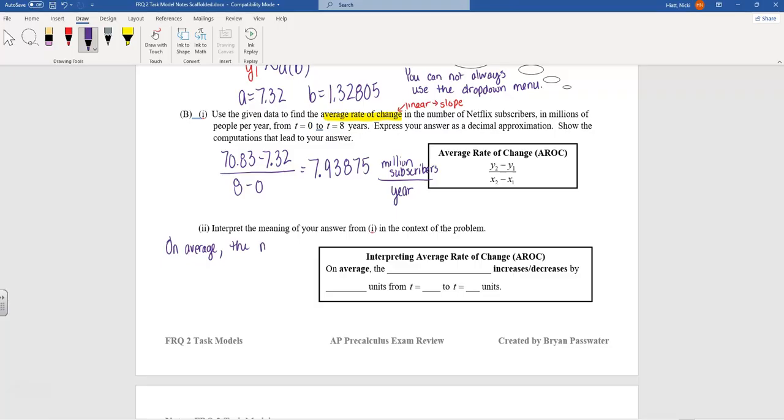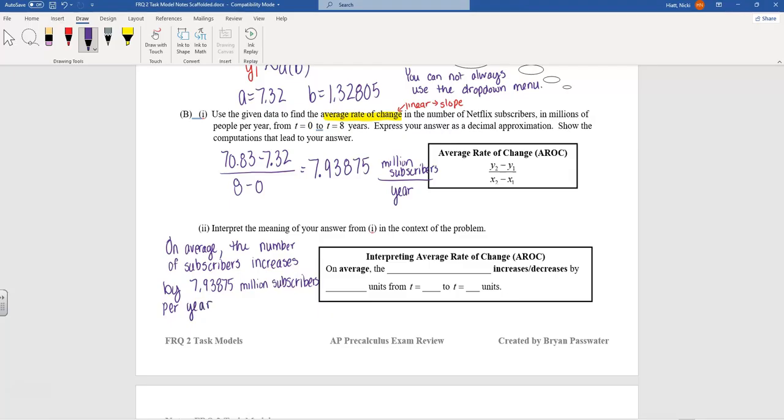Number of subscribers. Is the number of subscribers increasing or decreasing? Increasing. Increases by 7.93875 million subscribers per year.